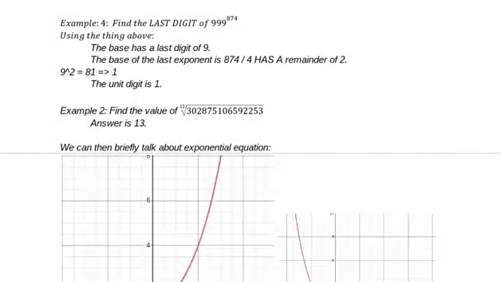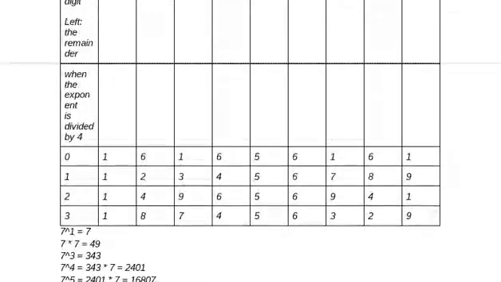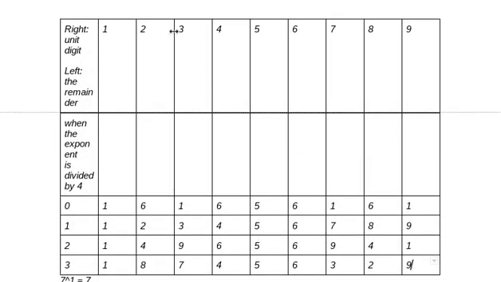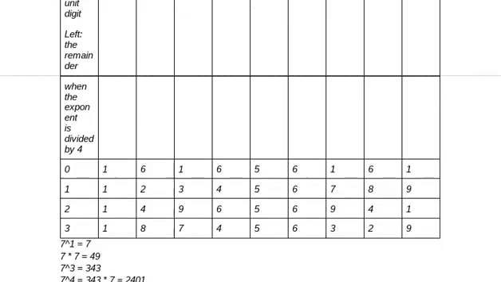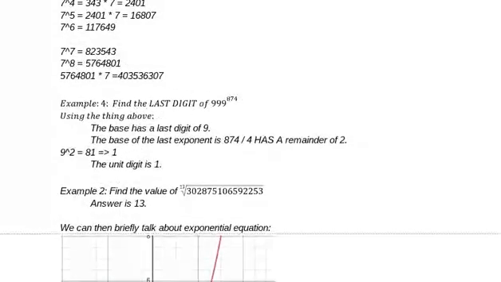Okay, so we are then going to do an example. We are required to find the last digit of 999 to the power of 874. We can use the chart above to find it. Look at this. So basically this has a unit digit of 9 for the base. And then the exponent 874, when divided by 4, has a remainder of 2.